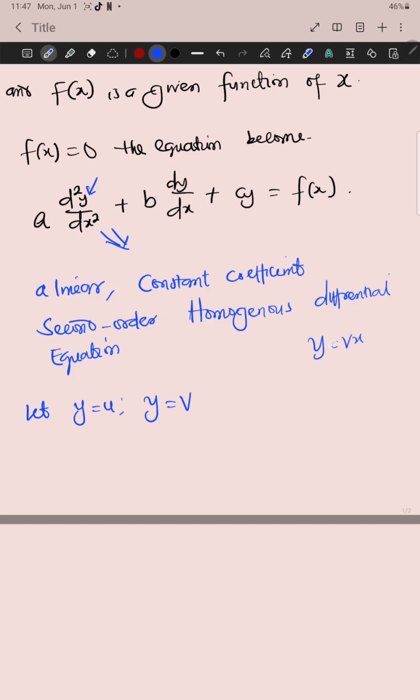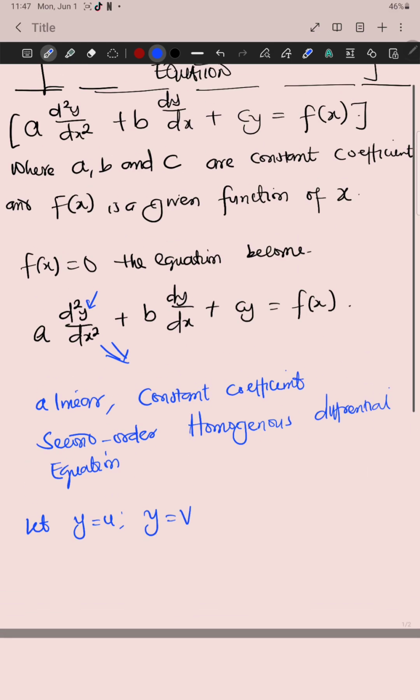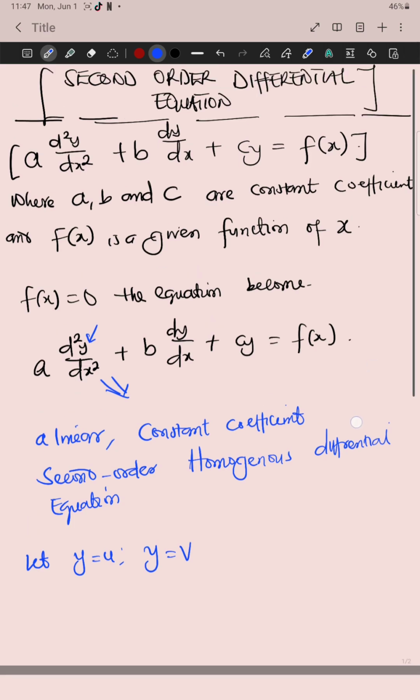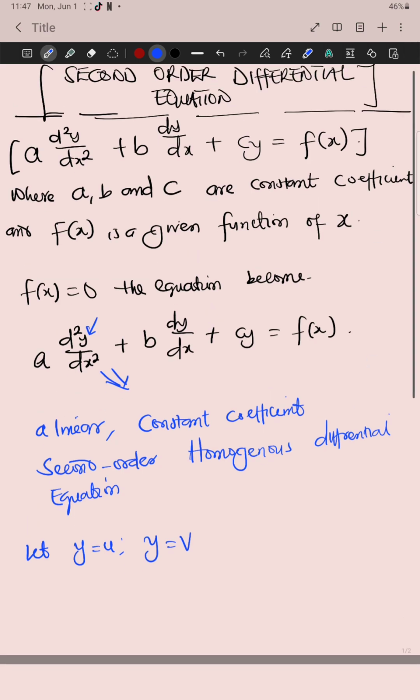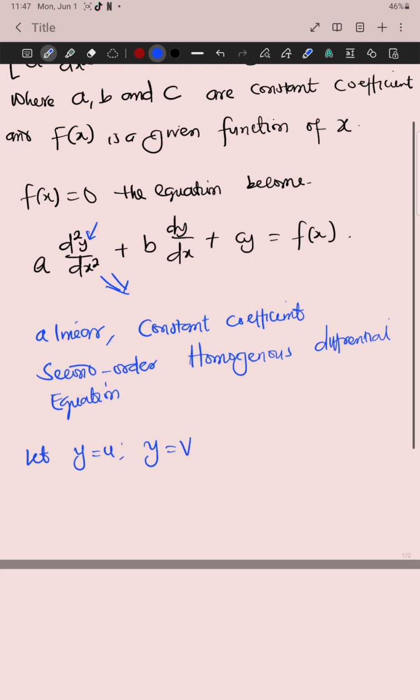Vx substitution. Now I started an example there and we used some illustrations to buttress that example. Now when we come to second order differential equation, this particular equation that you're looking at is a second order homogeneous. Now to solve that, we say let y equals u and let y equals v, right?